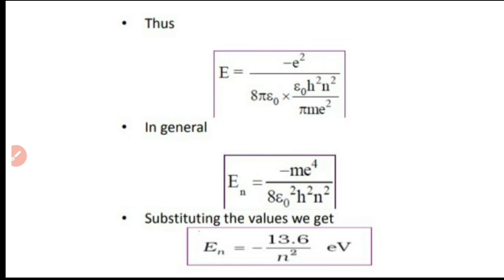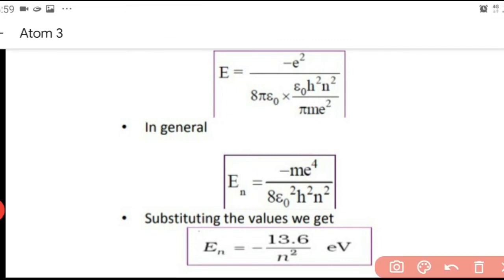So simplifying, the final expression for energy comes out to be minus m e raised to 4 divided by 8 epsilon 0 square h square n square. As we know, the terms like m, e raised to 4, 8, epsilon 0 square, h square, all those terms are constants.